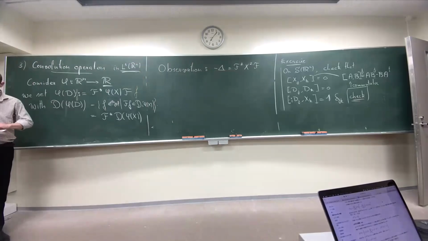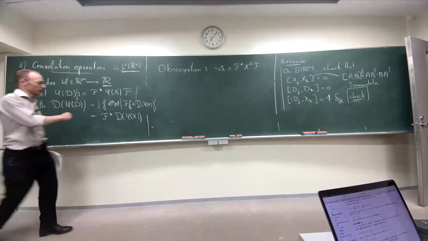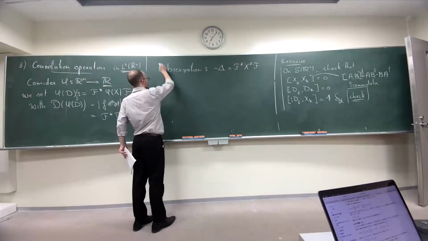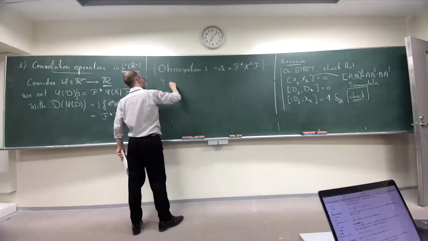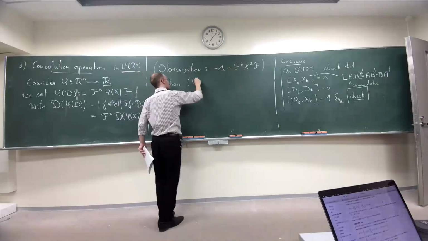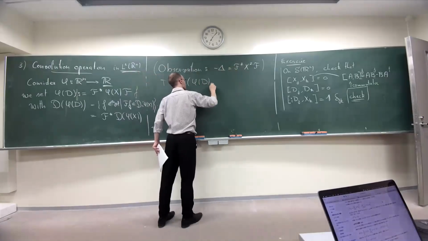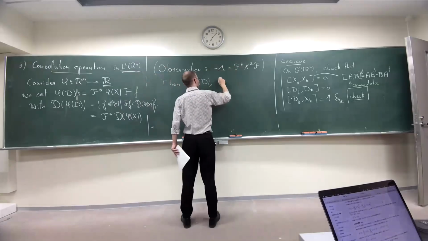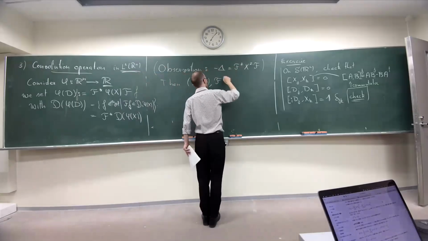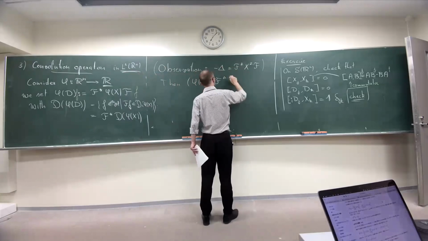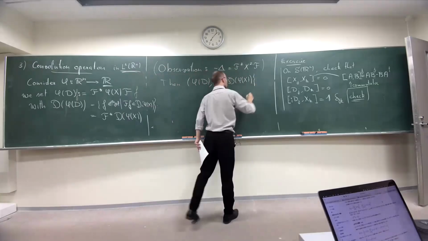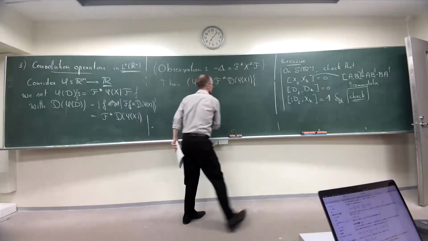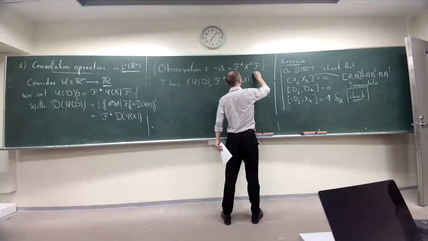This is just an observation. But then what we have is phi of D with the domain Fourier transform inverse of the domain of phi of x, which is simple. This guy is again a self-adjoint operator.